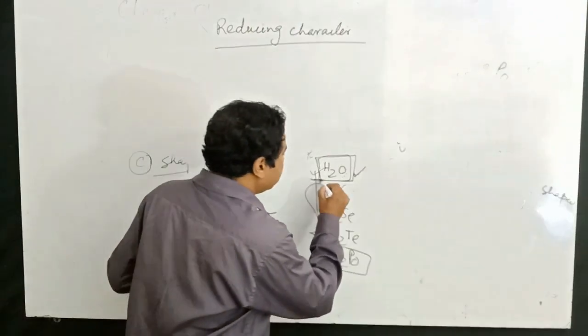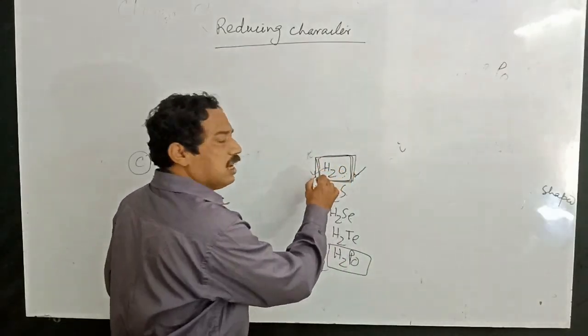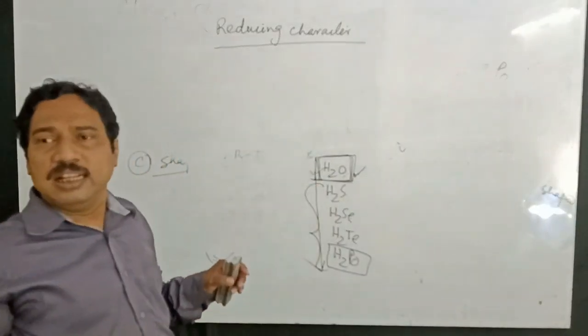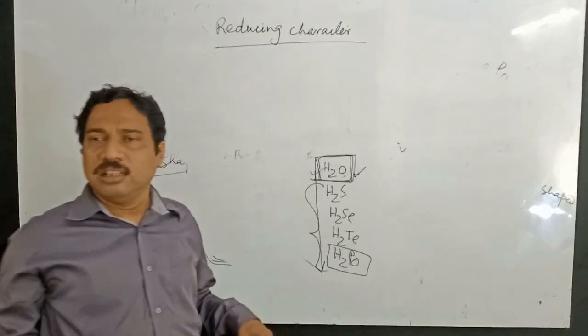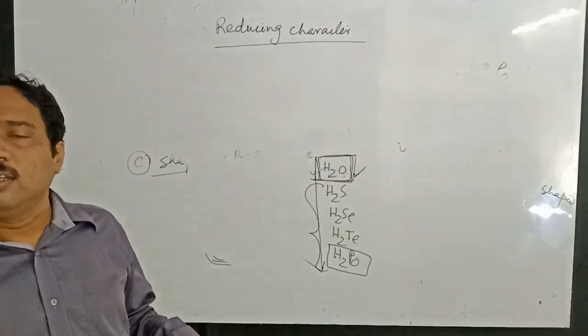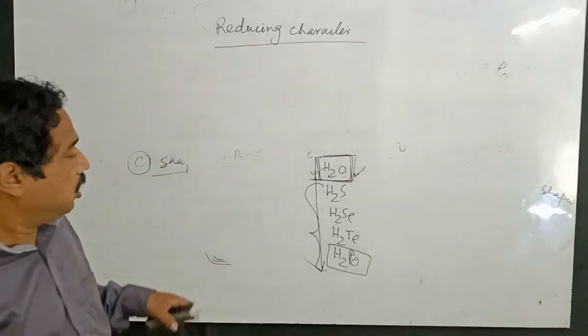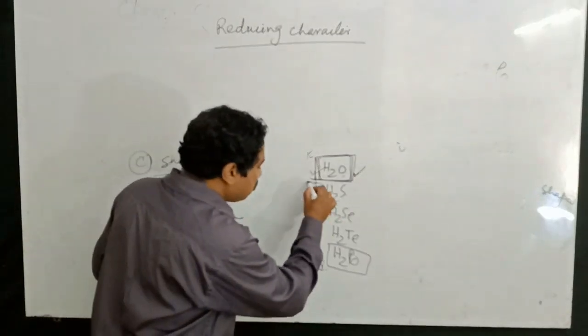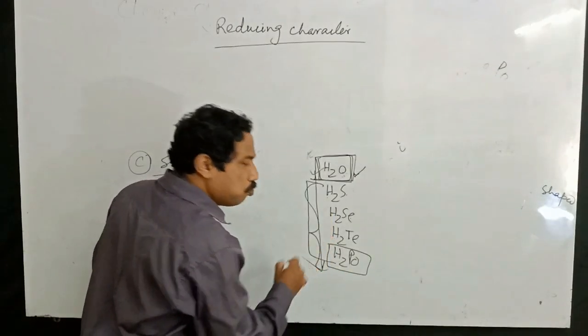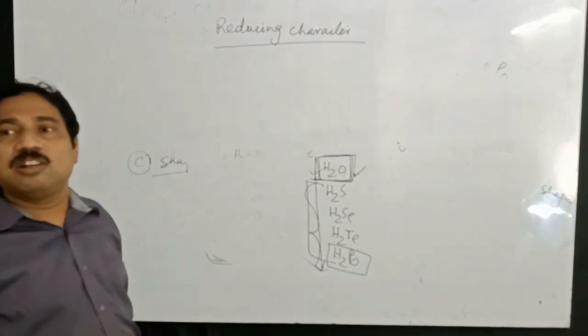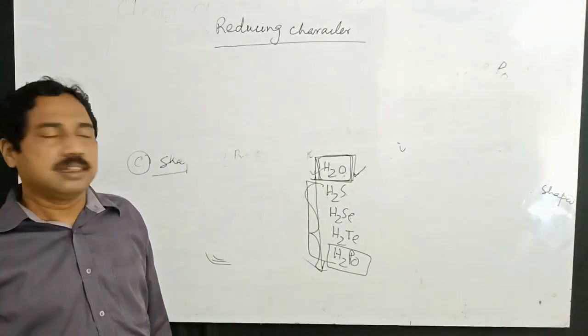Therefore, water is not a reducing agent, so it cannot easily donate hydrogen or supply hydrogen to other substances. But if you go from H2S to H2Po, the reducing character gradually increases.